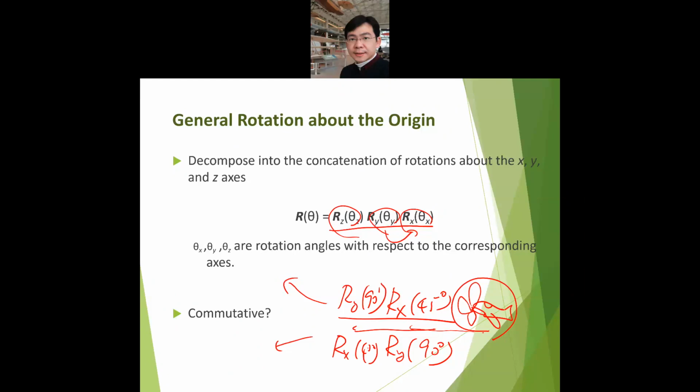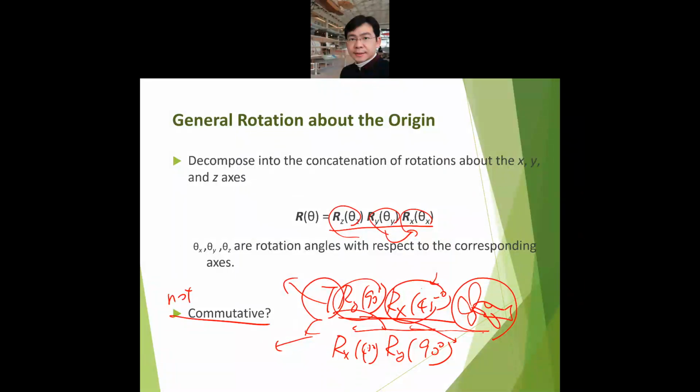So not only rotation, for instance, if we have a translation here and you arbitrarily move it somewhere, the result will be substantially different in most cases. Of course, in some cases you may luckily get an identical result, but it's quite rare. So the transformation itself is not commutative.